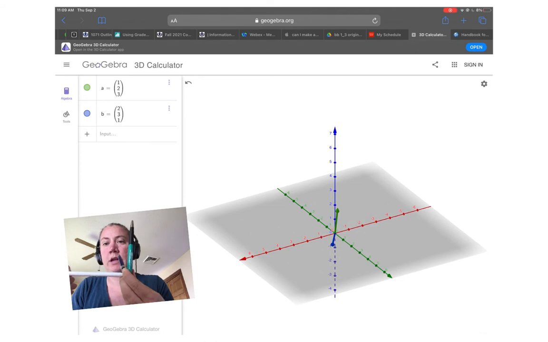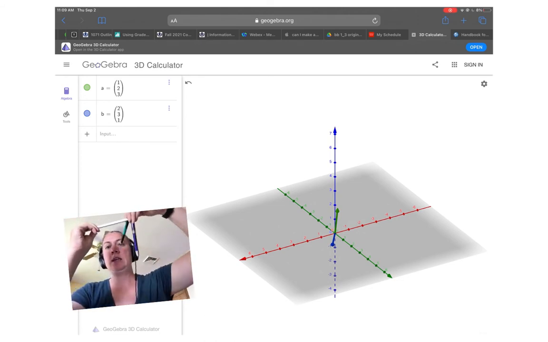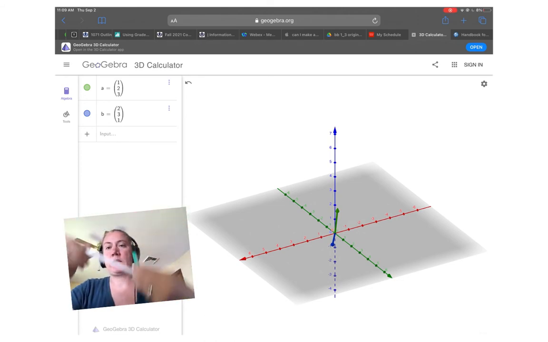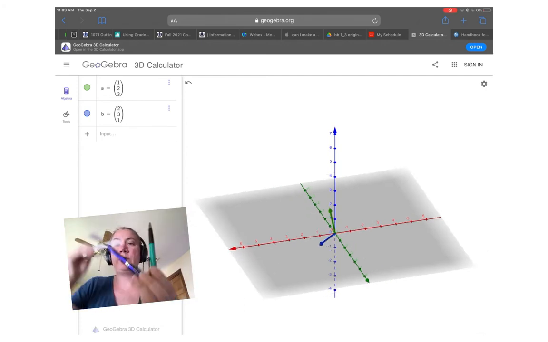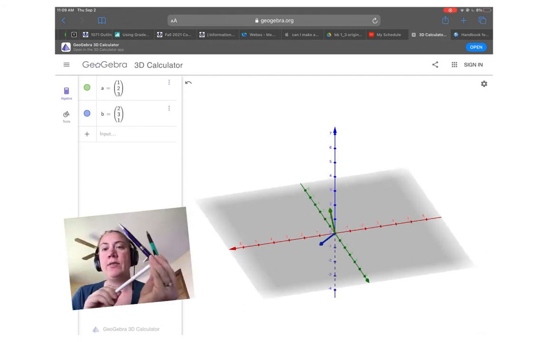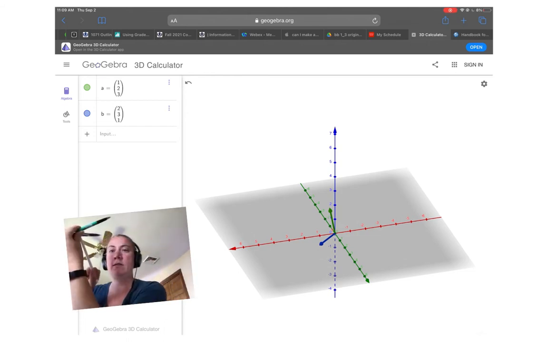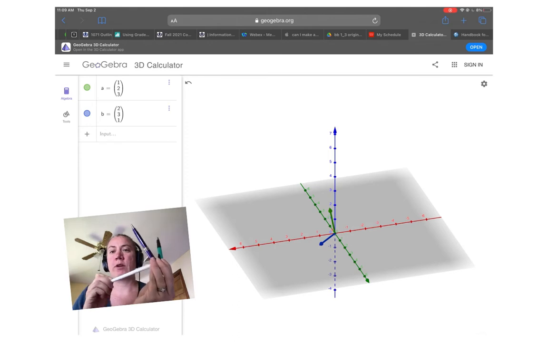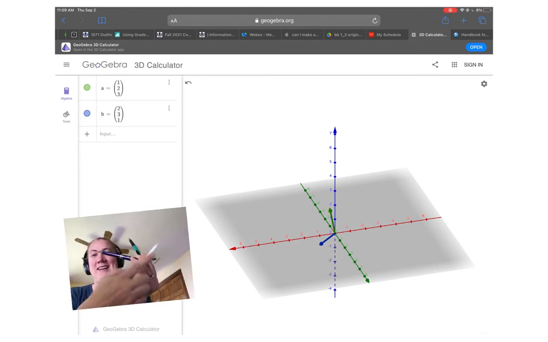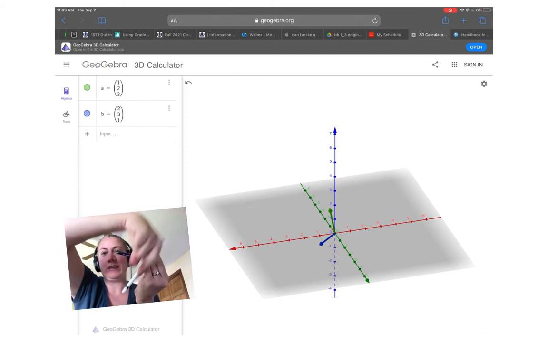So I'm at a 90-degree angle with the green vector, and I'm at a 90-degree angle with that blue vector, if I get right in that right spot there. But if I just go in the exact opposite direction on this side, I can also be orthogonal to both there, and I'm going in the other direction, right? So it's like either going to be going this way or going to be going this way.